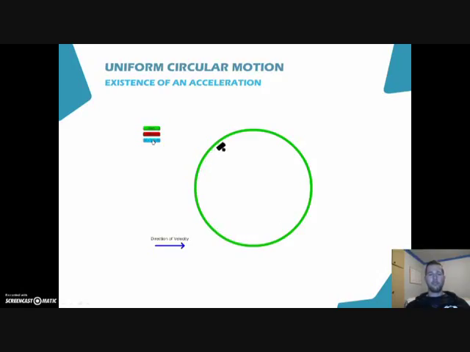As that little man is moving around the circle, we can see his velocity direction is in the direction of the arrow. And what we can also notice about this is that the arrow is not changing in size. The magnitude is always the same. And what this means is there is no acceleration or deceleration in the direction of velocity.